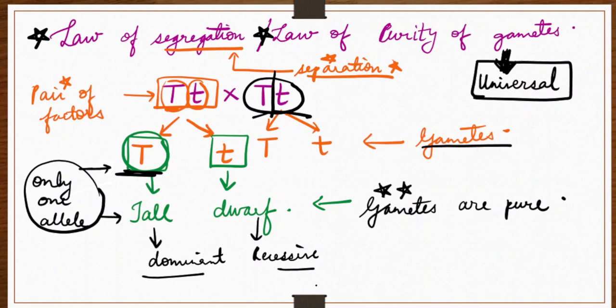Yes, so this is about the second law of genetics, known as law of segregation. Okay, now if we move ahead and speak about another law, the third law of genetics, which speaks about the dihybrid cross.